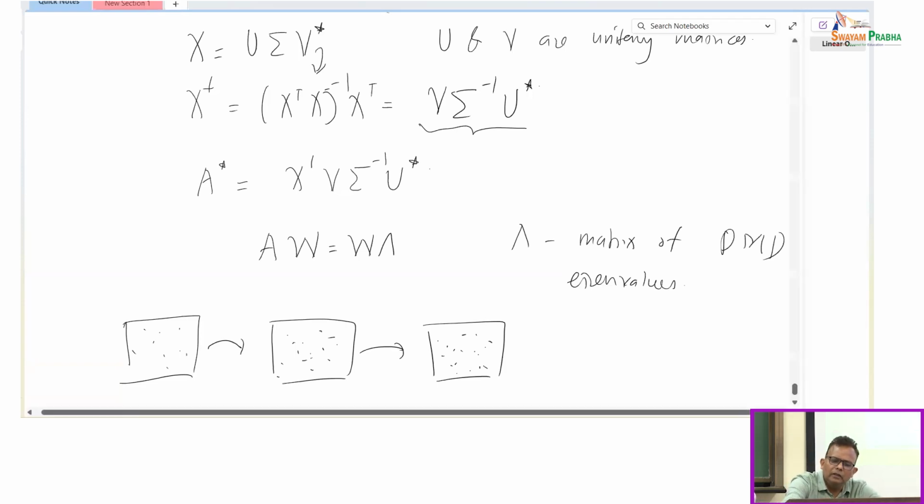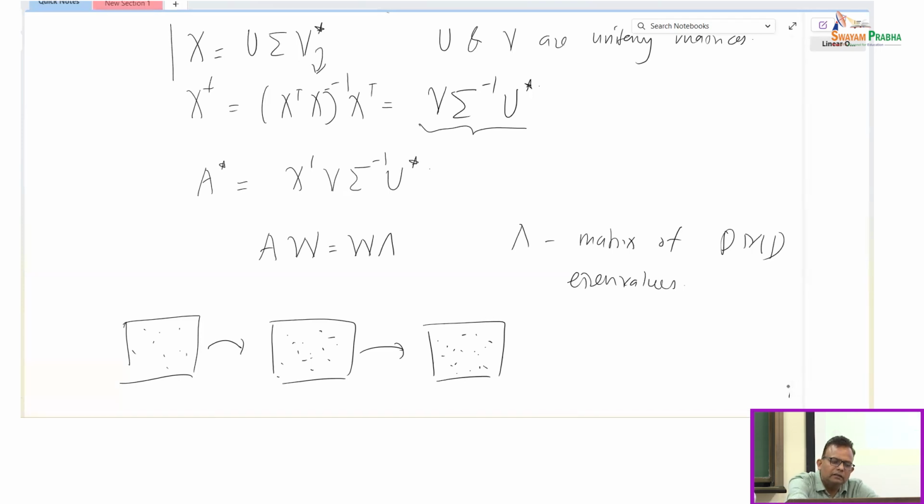The eigenvectors will tell you what the most dominant modes from an energy point of view are in that movie, so you can project the individual snapshots onto those dominant modes, and that gives you a data dimension reduction.